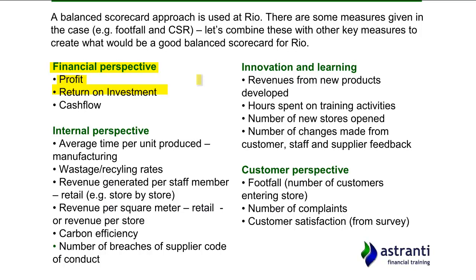And sometimes profits have been put in the forefront, not the long term, not internal efficiencies and productivity, not innovation and learning, and not focusing on the customers and customer needs. And those three elements, the internal perspective, create efficiencies in the business and good operations that's good for the long term. Innovation gives you new products, trains people up, and that's good in the long term. Keeping customers happy is good in the long term as well. And so the theory goes that a balanced approach to measuring performance considers all these elements.